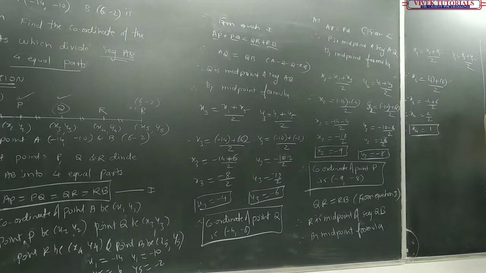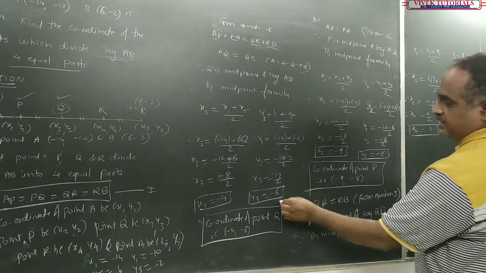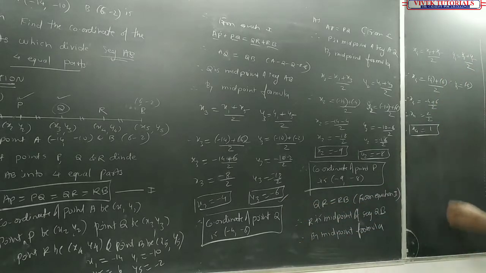And therefore, y4 is equal to, y3 is minus 6 and y5 is minus 2, sorry, upon 2.